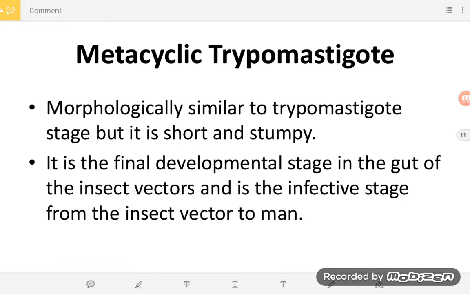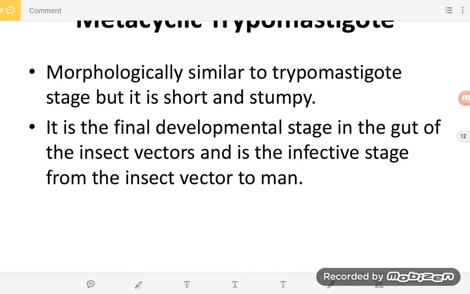So when we compare the metacyclic trypomastigote and the trypomastigote form, the trypomastigote forms are elongated, right? The metacyclic form is the final development stage in the gut of the insect vector and is the infective form from the insect vector to human.